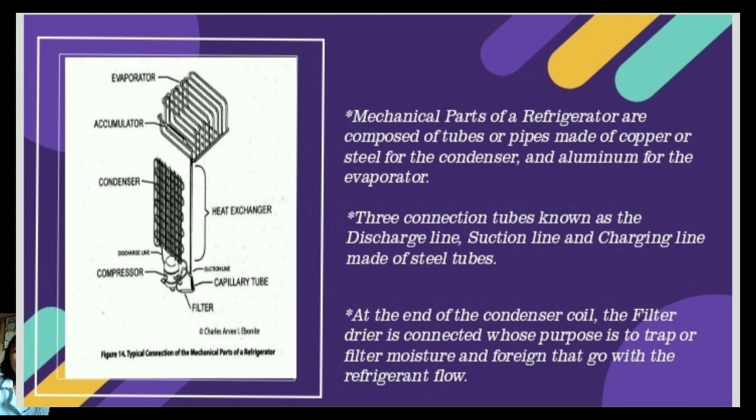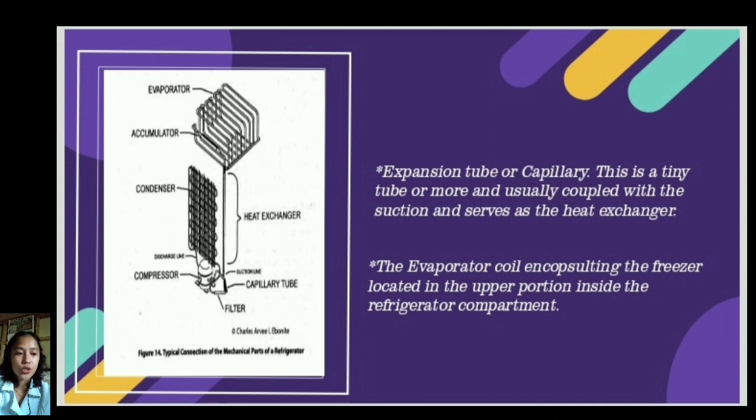The refrigerant flows through a filter dryer to remove any contaminant and moisture, then enters the expansion device, which is often a thin capillary tube. As the refrigerant goes through the capillary tube, its pressure drops significantly and it enters the evaporator section as a low pressure, low temperature liquid vapor.